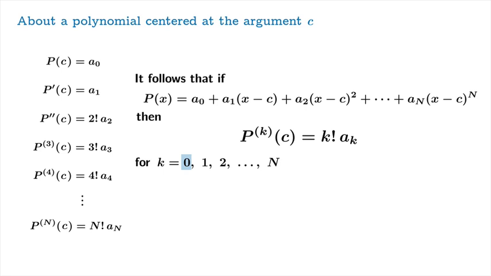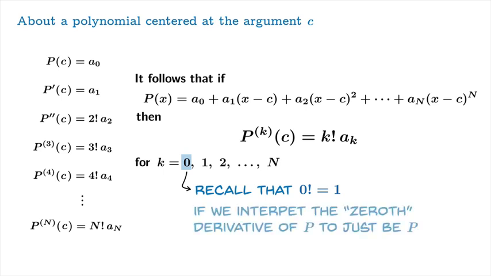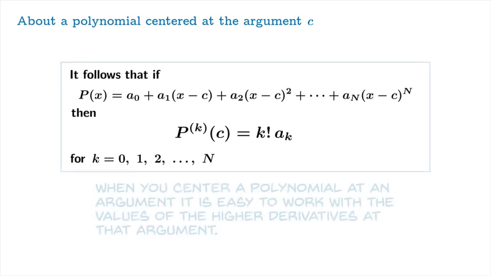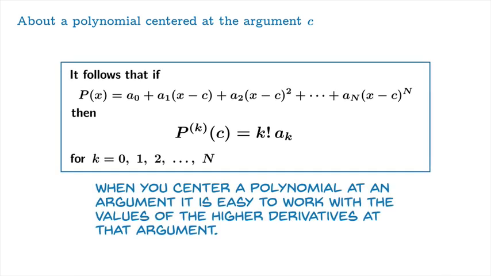That looks kind of strange, perhaps, but recall that 0 factorial is defined to be 1. That's a standard definition. And if we just interpret the 0th derivative of p to be just the function p itself, you don't do anything to it, then this formula becomes p of c equals a naught, which agrees with our formula for p. So it's all good. And this is the formula we're going to use moving forward.